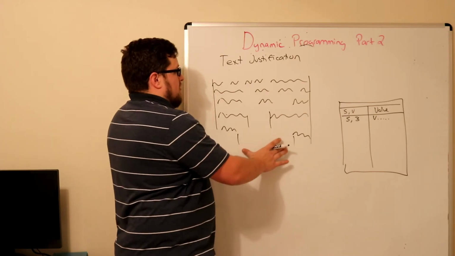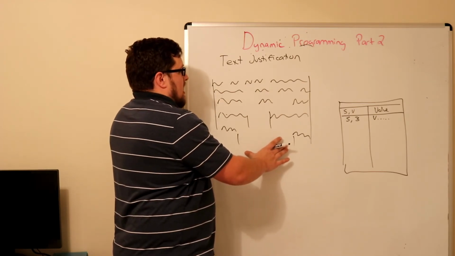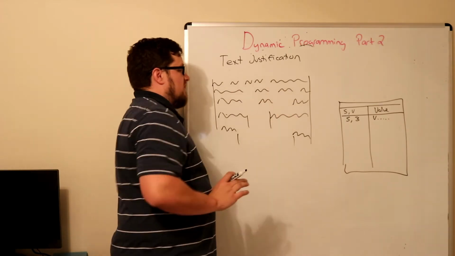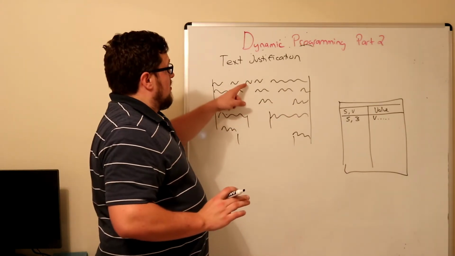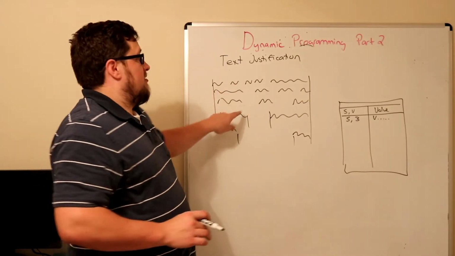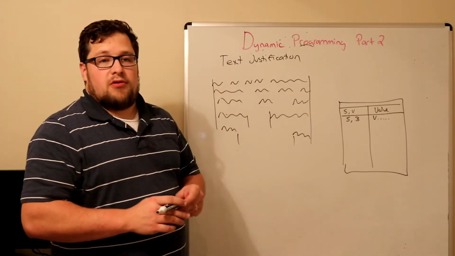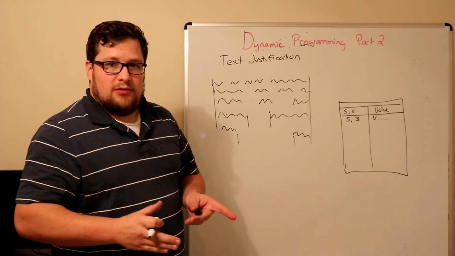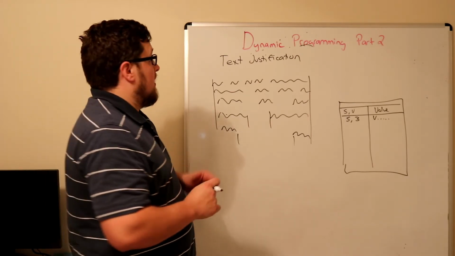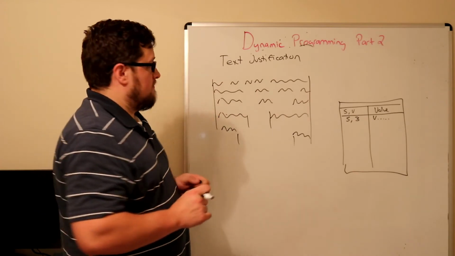For example, especially with this big gap, I'd be willing to bet if we were to run this more efficiently that we can make these more evenly spaced, right? Why does the first row look nice and the last row look bad? So how can we take that greedy approach, which is not optimal, and make it better? And that's really where dynamic programming comes in.